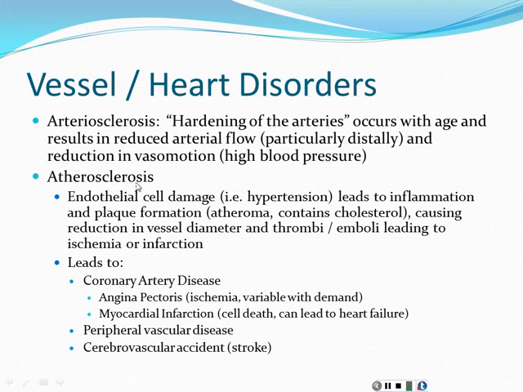Atherosclerosis is a particular vessel disease that results in what we call plaques or atheromas. An atheroma is a region of blood vessel where the wall has gotten what's called a plaque inside. So let me just draw a picture because I'm not making any sense.